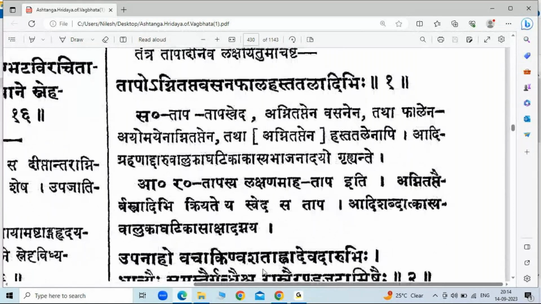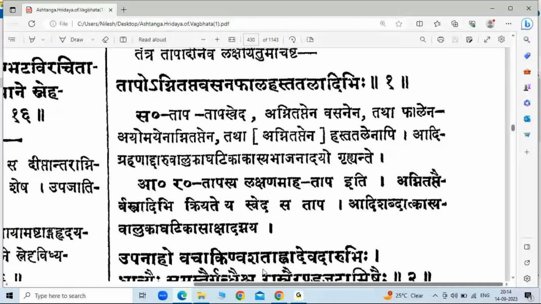What are the materials given as example? Vasanam. Vasanam means cloth. Bhalam. Bhalam means a slab or a plate made of something, some iron or some other metal. Then hastam. Hastam means the palm. Hastatalam is the word.